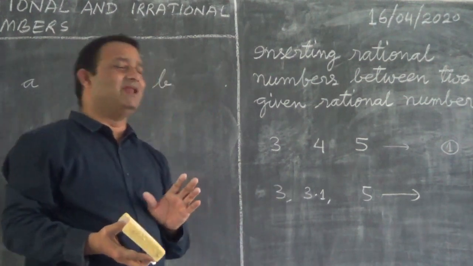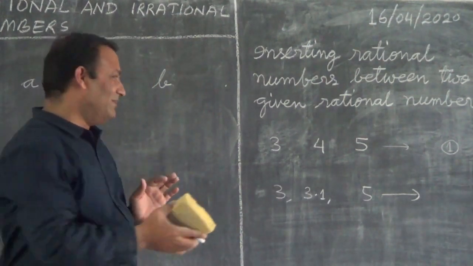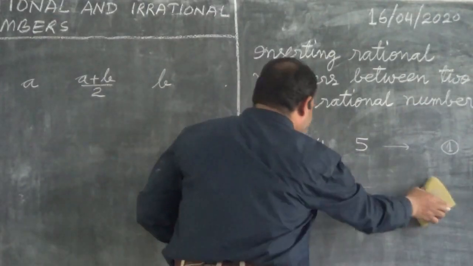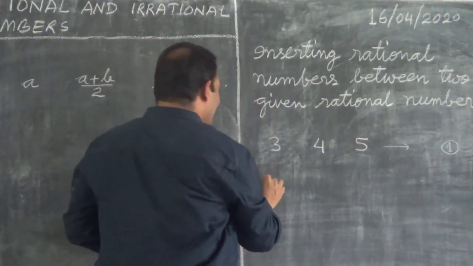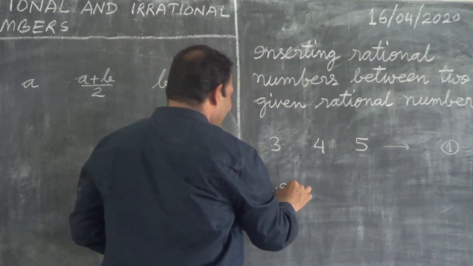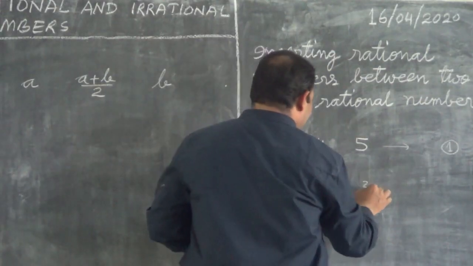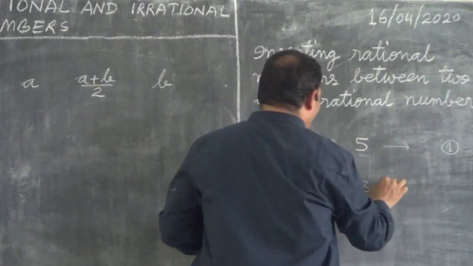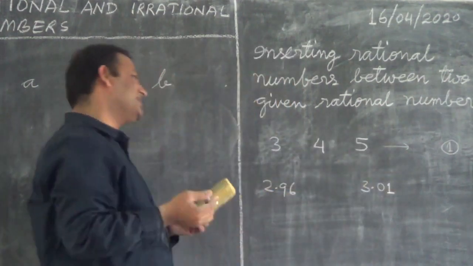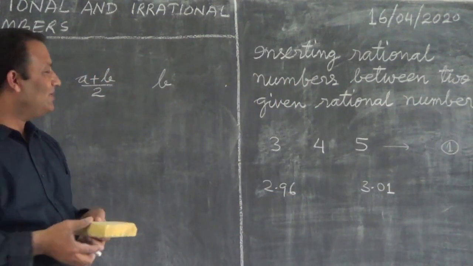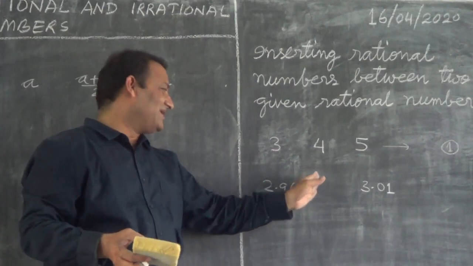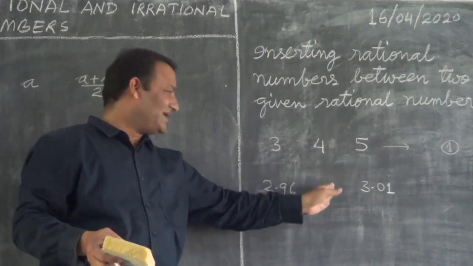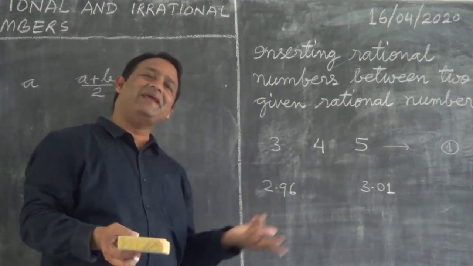Of course, this intuitive method we can also use to find the numbers if the numbers are given in decimal form. Like you see here, 2.96 and here it is given 3.01. Find two rational numbers between these. Of course, you can write 2.97, 2.98, 2.99.